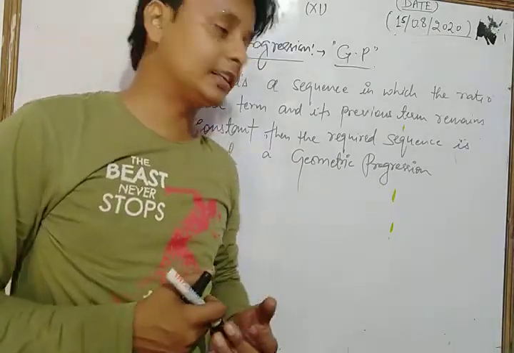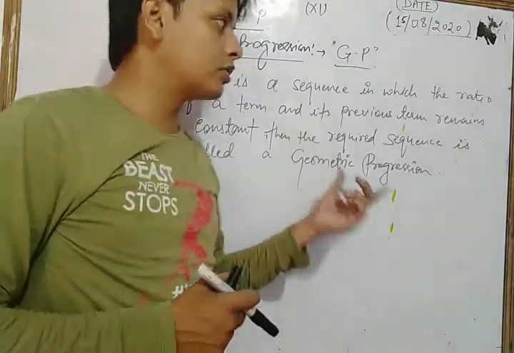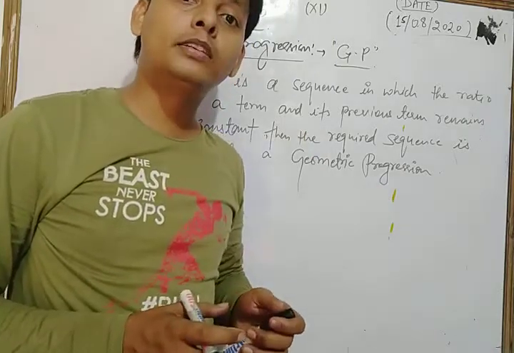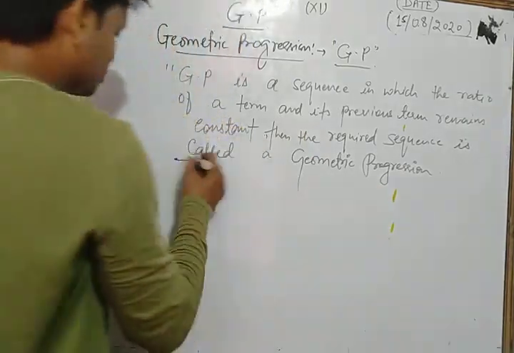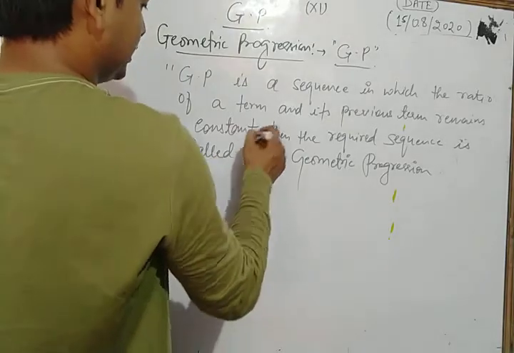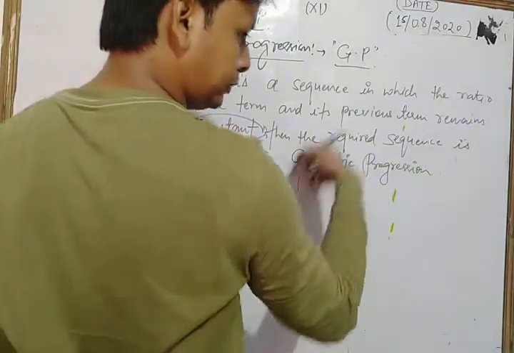One important thing here is that this constant, the ratio of a term and its previous term, is known as the common ratio.